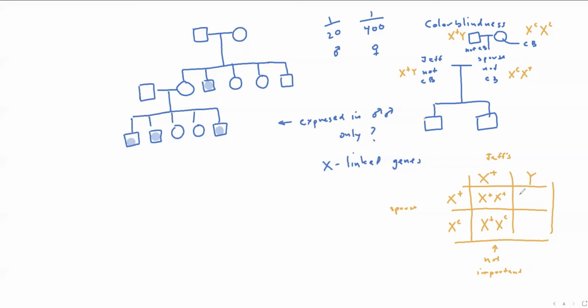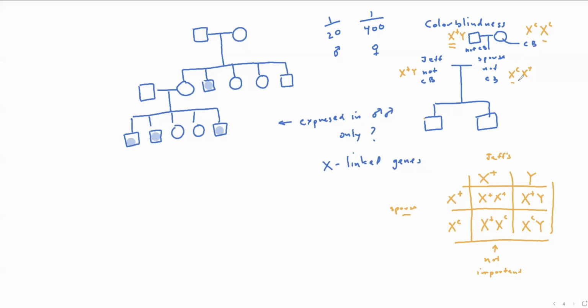Okay. So I know that I pass along a Y chromosome. So if I have a son, he could have received the X+ chromosome that my spouse inherited from her father. That would be this chromosome right there. Or the son could receive the X^C chromosome from his mom, that she got from her mother, right?